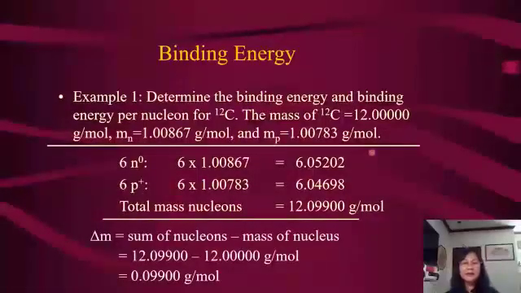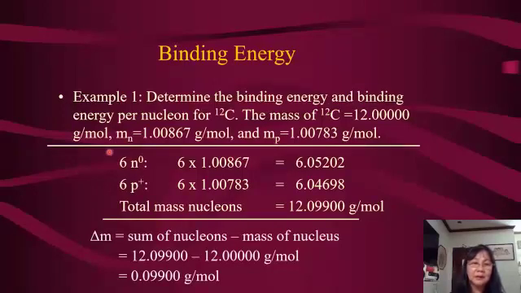In our example about the mass defect for carbon, let's consider the carbon-12 isotope. The mass of carbon-12 is 12 grams per mole, so let us consider 1 mole of carbon-12. The mass of that is equal to 12 grams.